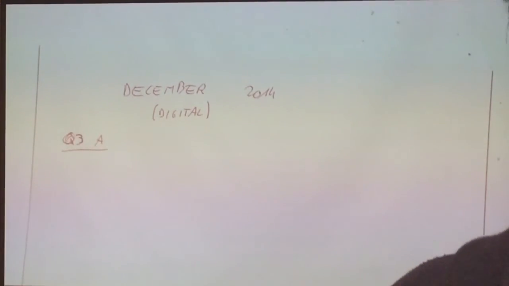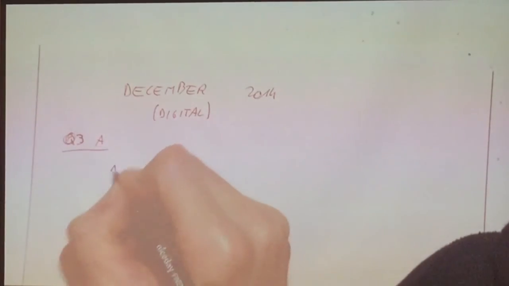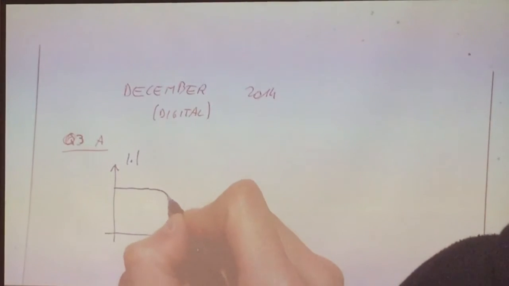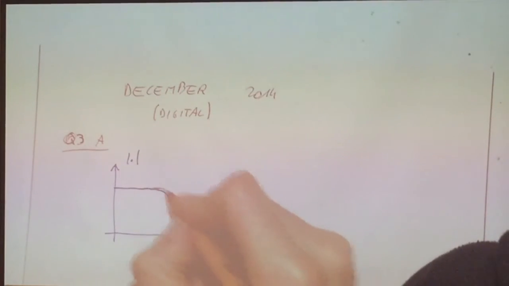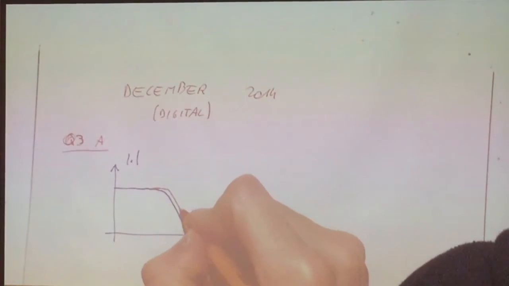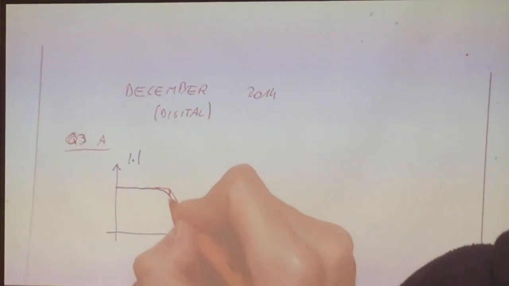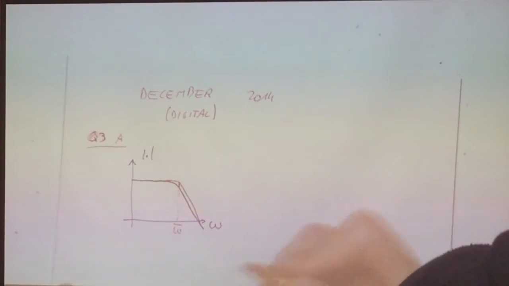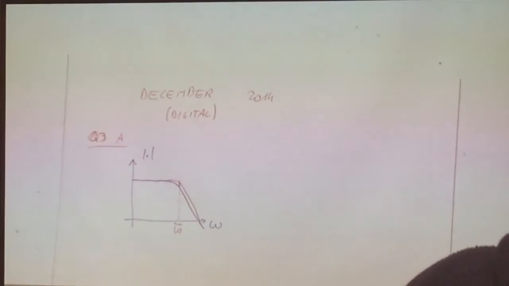Okay, so it's a low-pass filter. So the Bode diagram, omega and magnitude, should be something like this. Correct? And ideally, it goes like that. This frequency here, that's the cutoff frequency. Right?